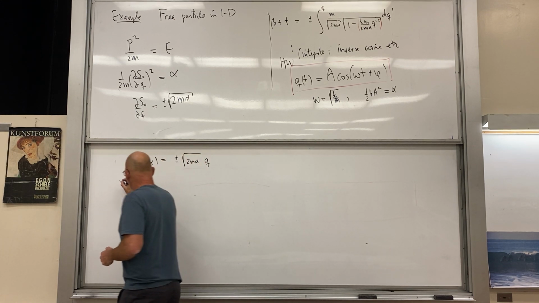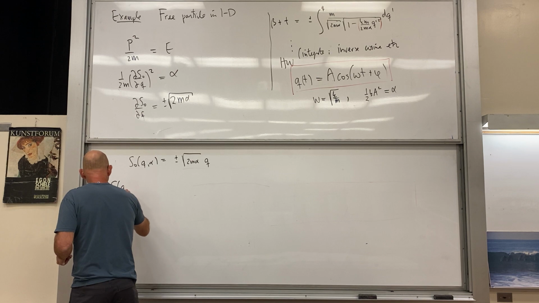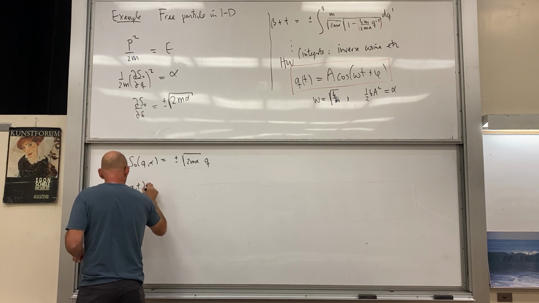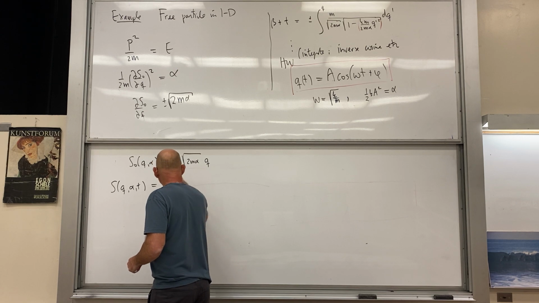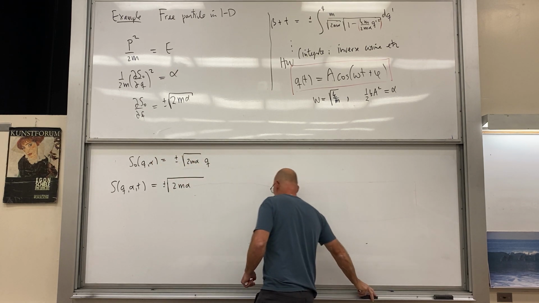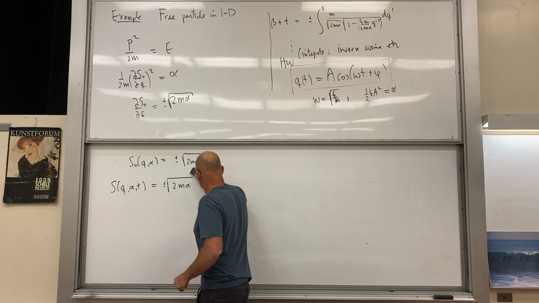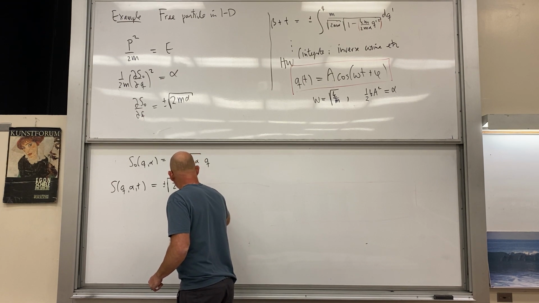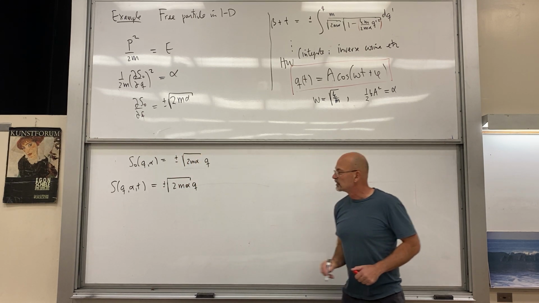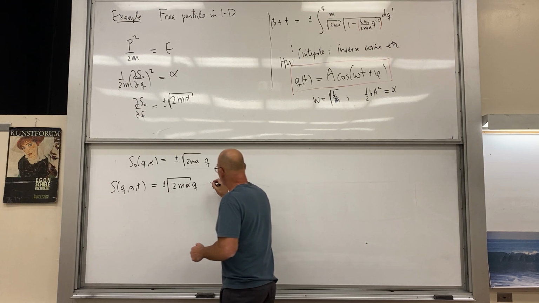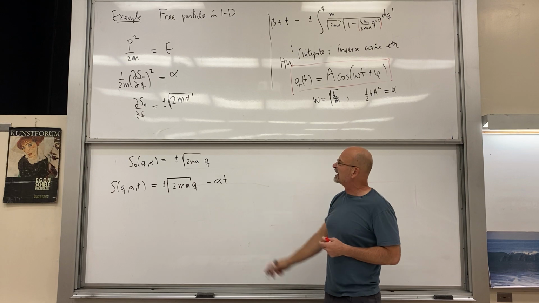And S of q, alpha, and t is equal to this S naught, so plus or minus root 2m alpha q, alpha's under the square root, minus alpha times t. Remember, that's minus E times t.